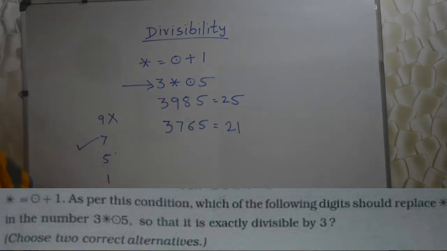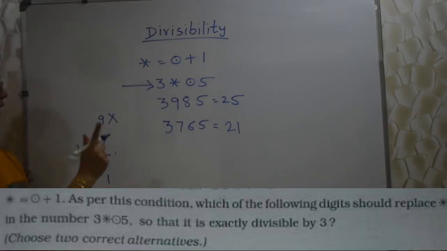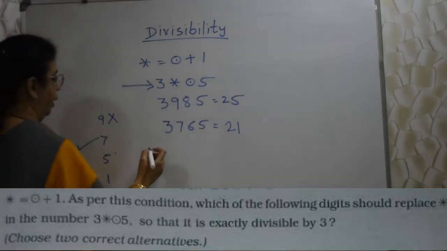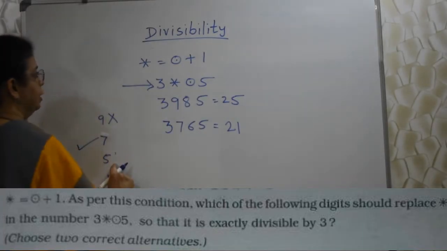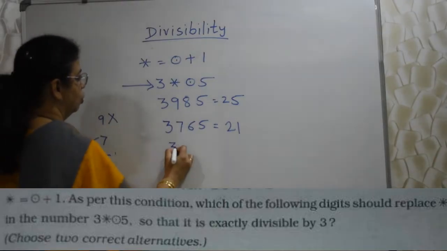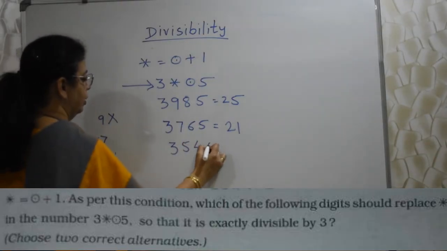But here you are expected to choose 2 correct alternatives. So our job does not get over here. We have to try this. इसमें से अगर एक correct होना ही है, because they are saying there are 2 correct alternatives. Okay. So now I am replacing asterisk by 5. So my new number is like this.